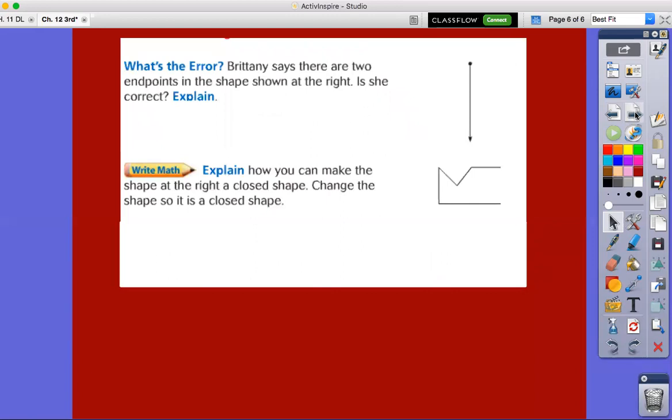All right, so Brittany says there are 2 endpoints in the shape shown at the right. Is she correct? Explain why she isn't correct. She's not correct. What's the error?